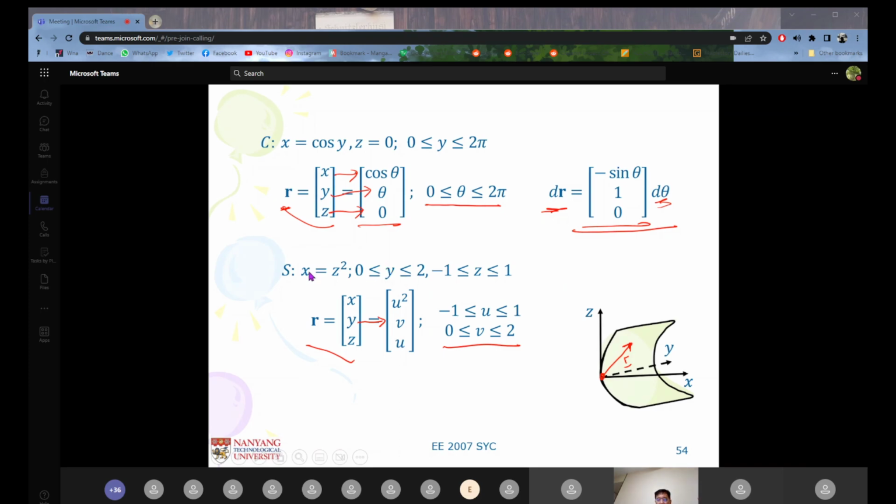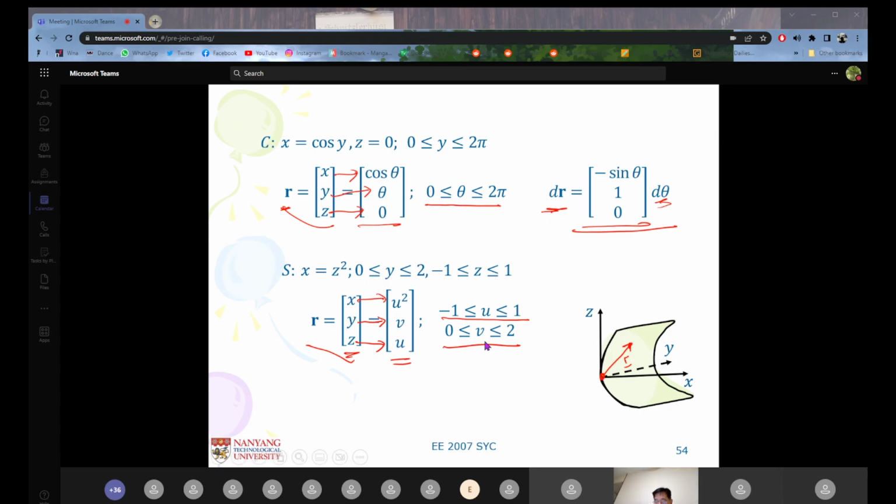Then the other one, from this function here, clearly I will set my z to be u, the other parameter. And this parameter is the case where z is limited to be -1 to 1. So u must also be limited to between -1 and 1. And then your x becomes z squared, which is u squared. So instead of 3 parameters here, I have only 2 parameters.